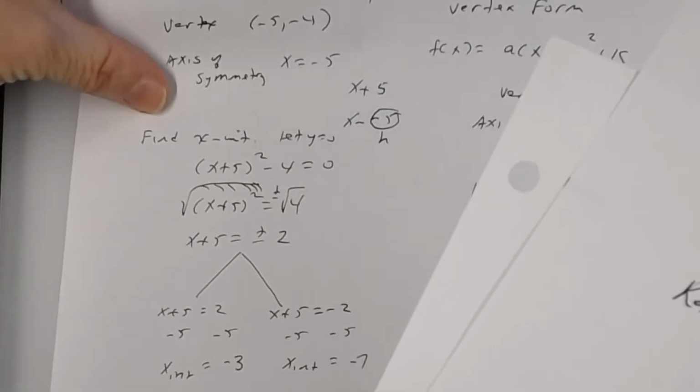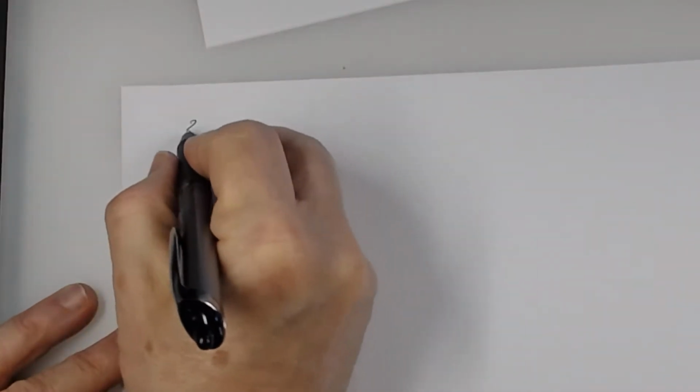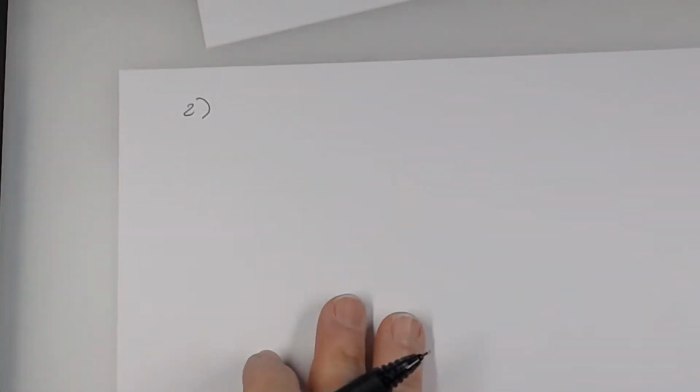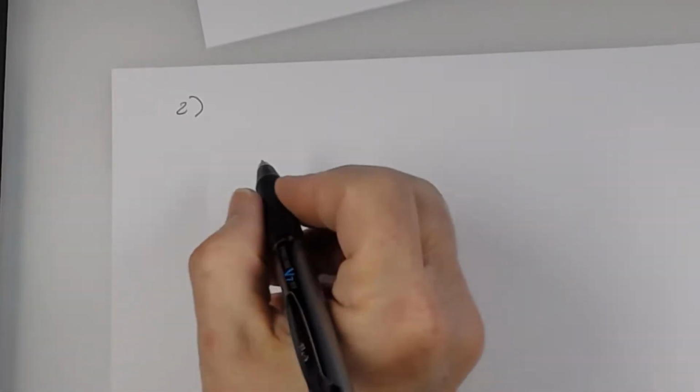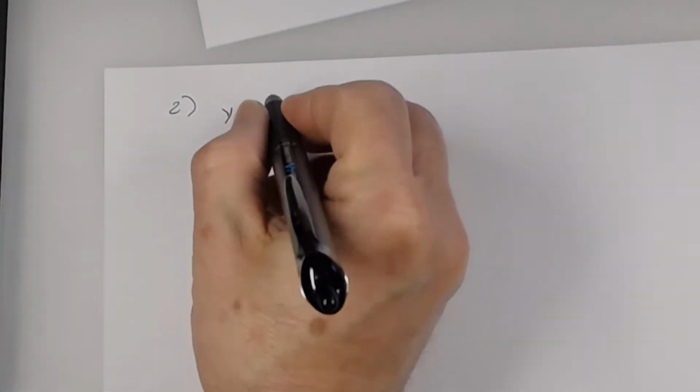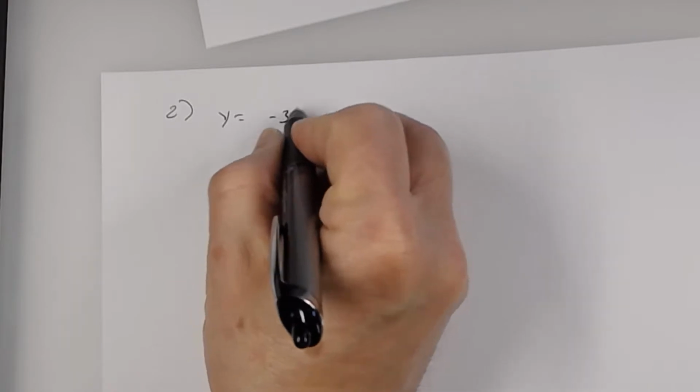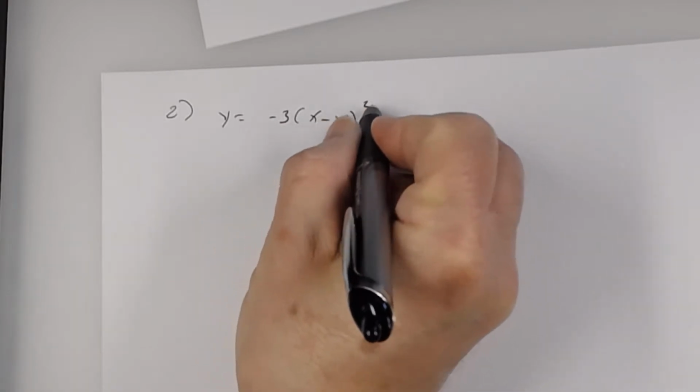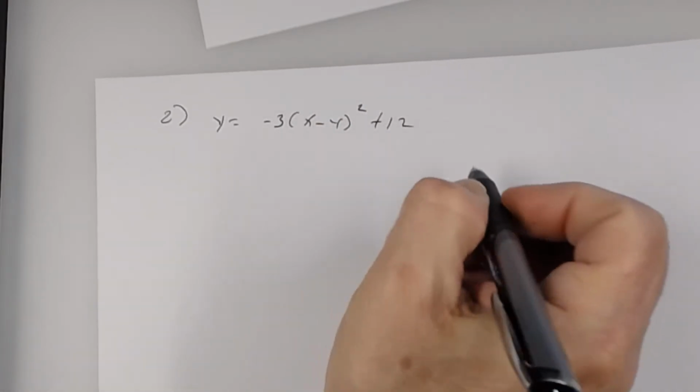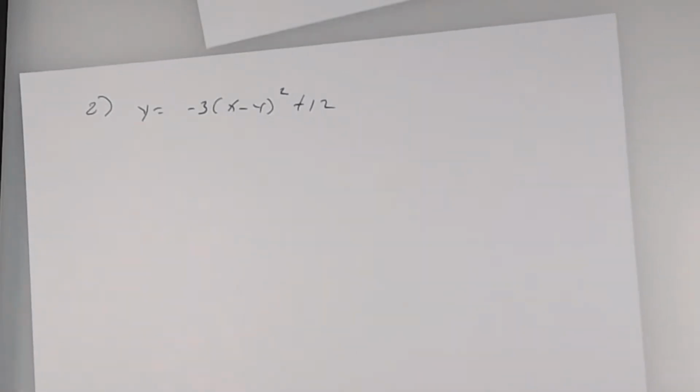All right, so let's get number 2. Suppose at number 2, we had this. All right, number 2, let's suppose it was y equals -3 times x minus 4 squared plus 12.